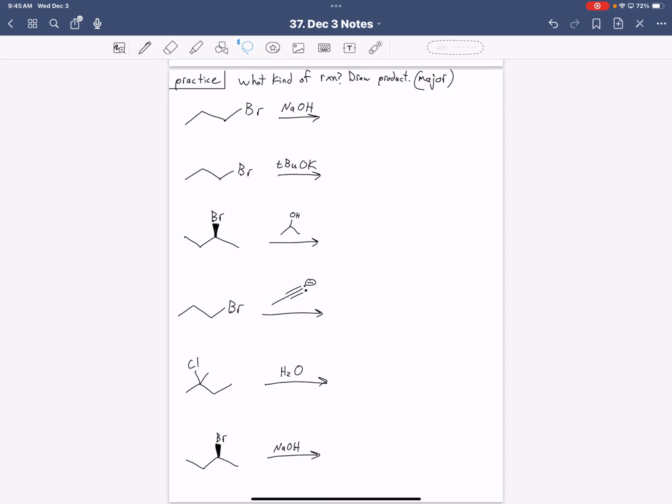And then if it's... No. I don't know, I haven't looked at this yet. Make sure you finish what you have to include this part of it too. It's not OH, it's O. Zaitsev is more substituted, Hoffman is less.